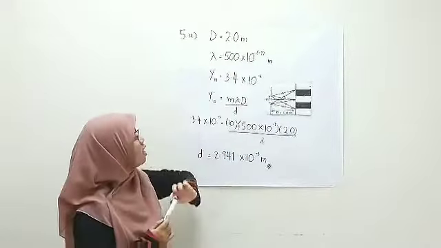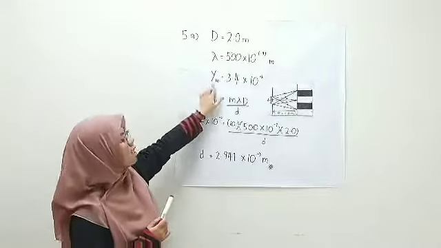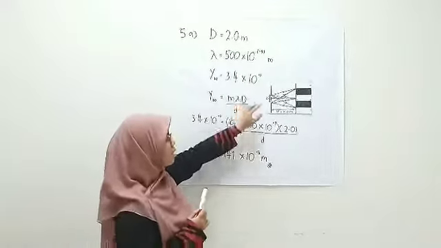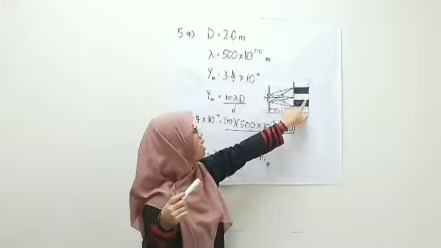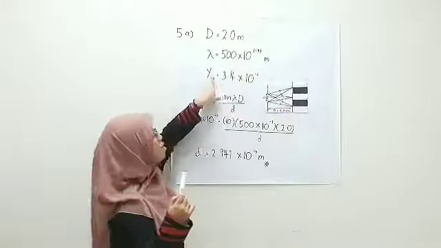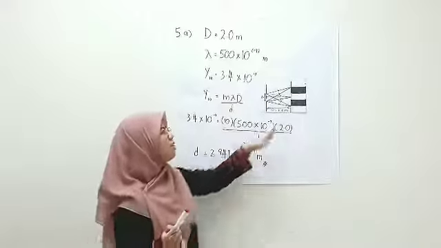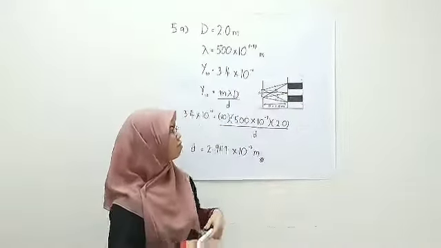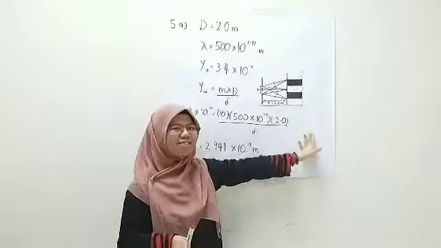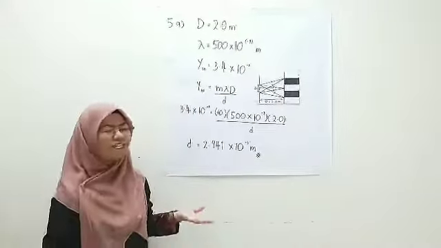Next, we know that y10 is the distance between the central maximum and the 10th bright fringe. We can imagine there are 10 bright fringes. I don't have enough paper to draw it, so we can imagine it.